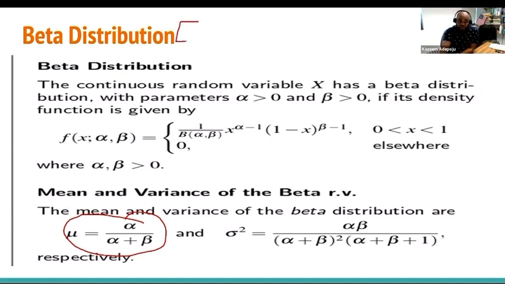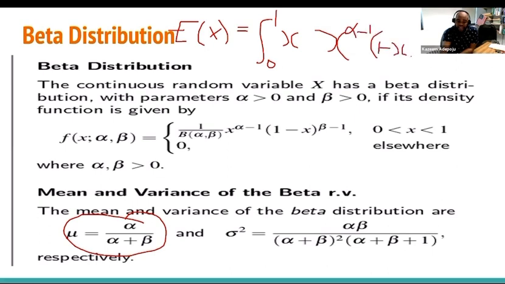The expected value of x, based on the property, is the integral of x times f(x) dx. So that is x raised to power alpha minus 1, times 1 minus x raised to power beta minus 1, dx, divided by B(alpha, beta).